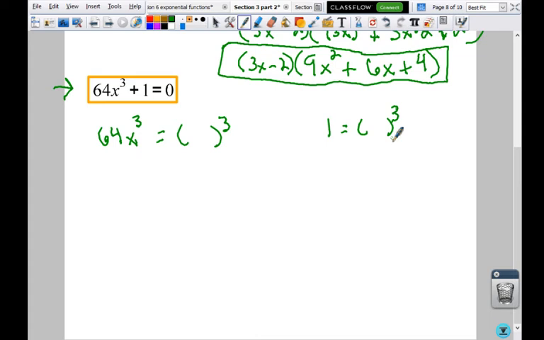That's this one. 4. So, 64 is 4 to the third. Right. Okay, right. And how about this x cubed? Do I even need to write anything other than x in there? Okay. How can I rewrite 1 now as something in parentheses?